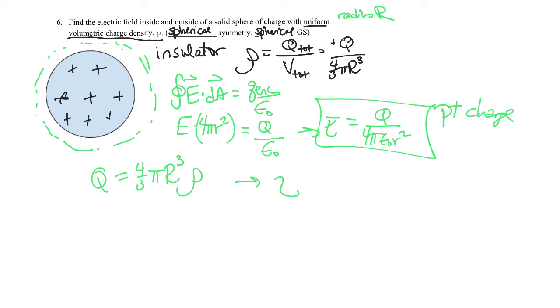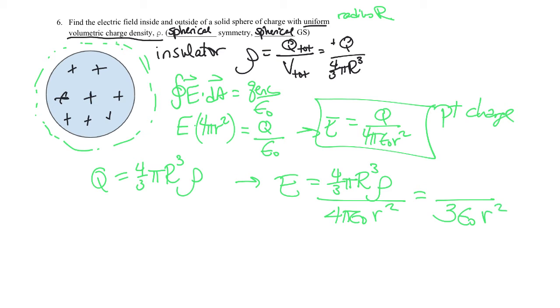And so E is 4/3 pi R cubed rho, that's our Q, divided by 4 pi epsilon naught little r squared. So what do we get? Our pi's go away, our 4's go away, so we get a 3 down here. Still have an epsilon naught, we have a little r squared, and up top we have rho R cubed.